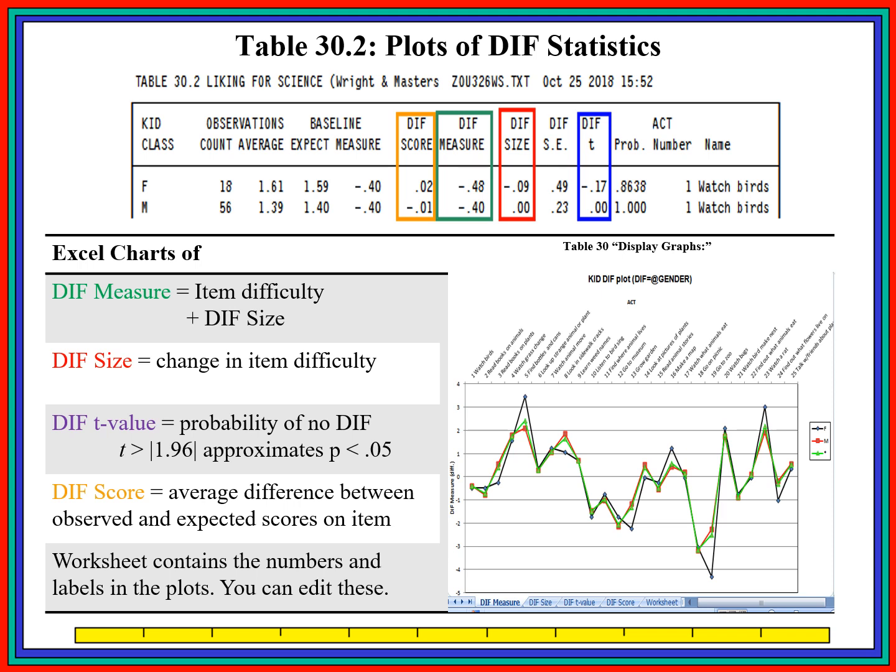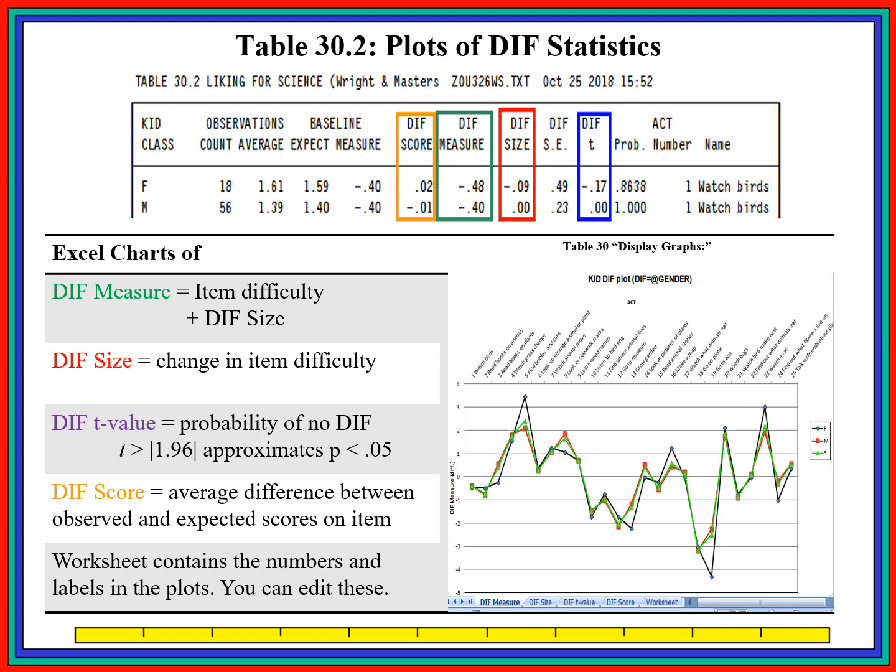Returning to table 30.2, which lists the statistics for each group separately, and the comparison is to the overall of all groups, Winsteps produces convenient Excel charts on many of the columns of statistics, and these are illustrated here.